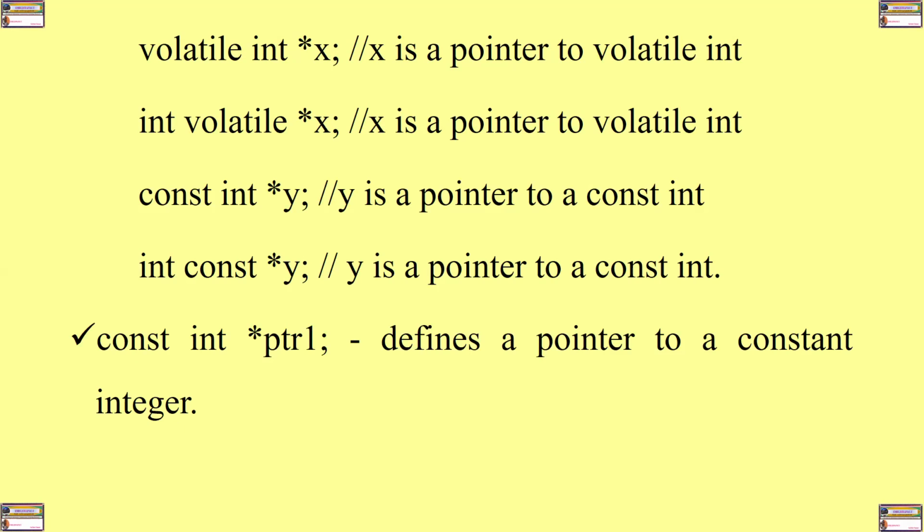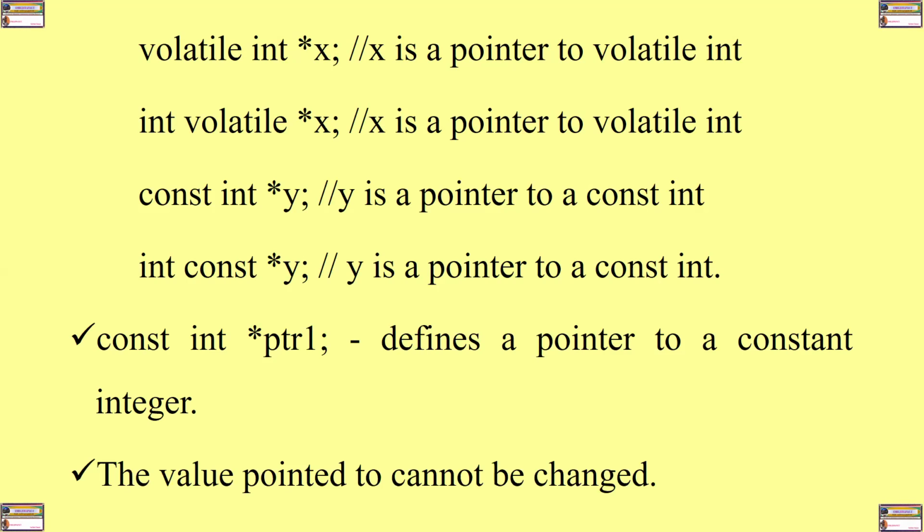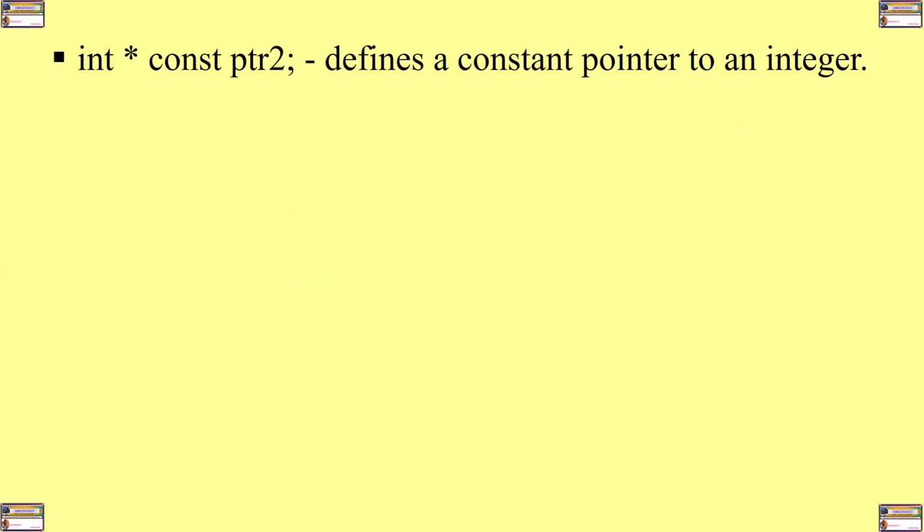Therefore, a statement like const int *pointer1 defines a pointer to a constant integer. The value pointed to cannot be changed. In this other statement, where we are declaring a constant pointer to an integer, it defines a constant pointer to an integer.